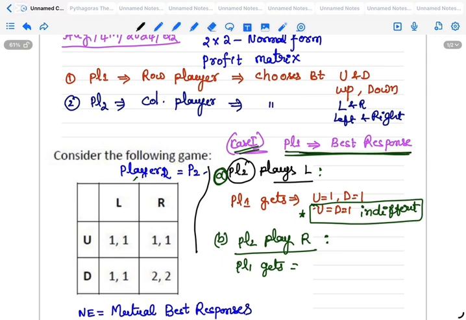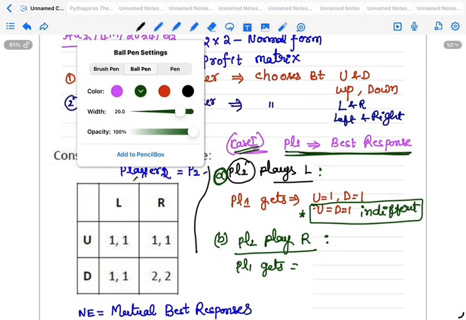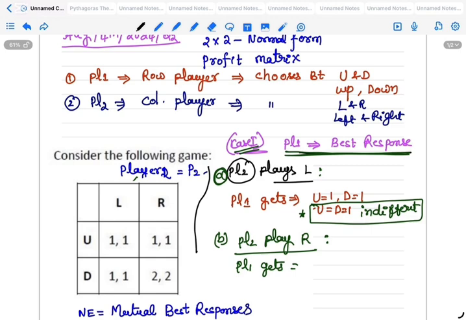Actually, first you should know what these values are, that is important. Here U equals 1 and L equals 1, right? In this box, the U and L values are U equal to 1, L equal to 1.